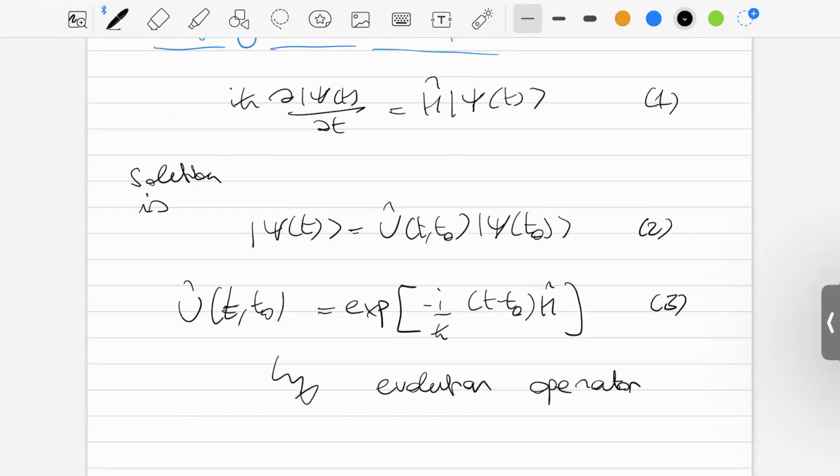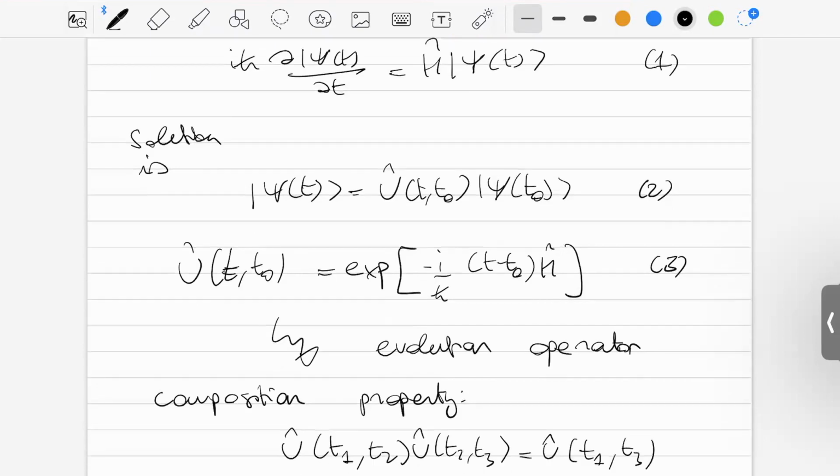It satisfies some properties like the composition property: if you multiply U of t1, t2 times U of t2, t3, what you get is just U of t1, t3.